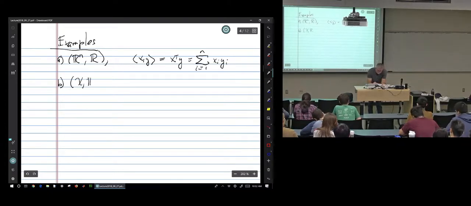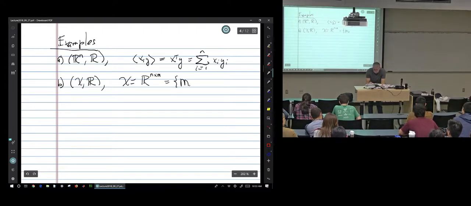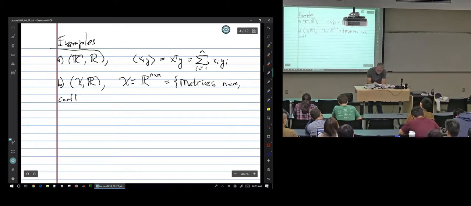B, let's take a vector space X over R where X is equal to R n by m. Remember, that's matrices. N by m, coefficients in R, right?